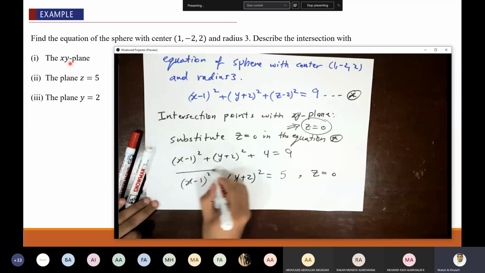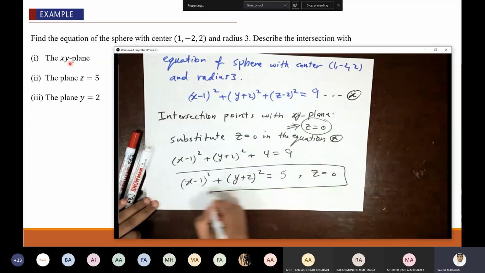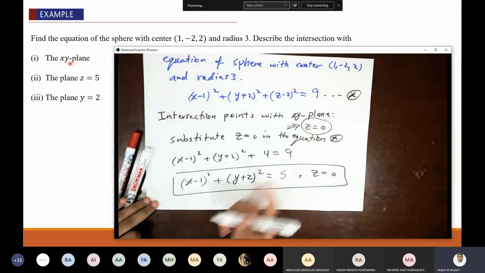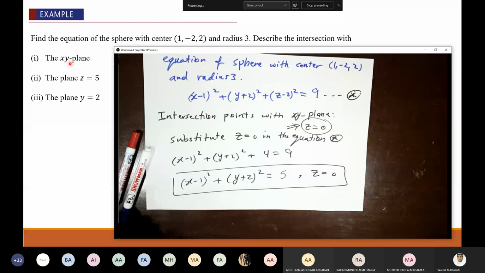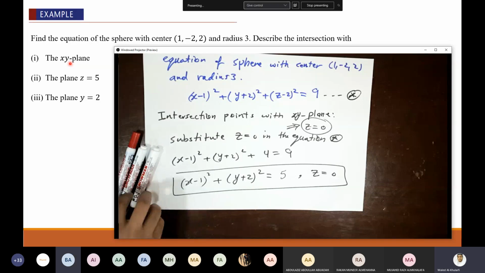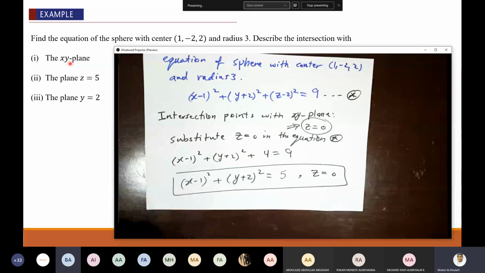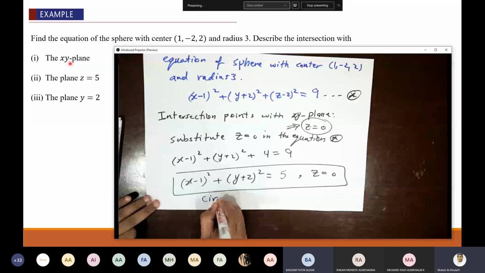Okay, what does this represent, guys? Because it is at the xy plane. What do you think? Yes, Bassam. It is a circle with radius square root of 5.